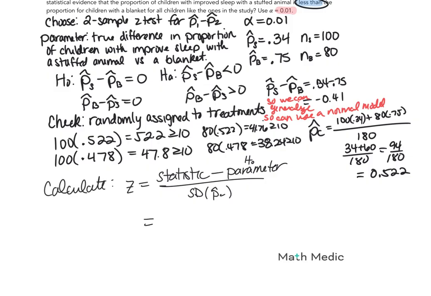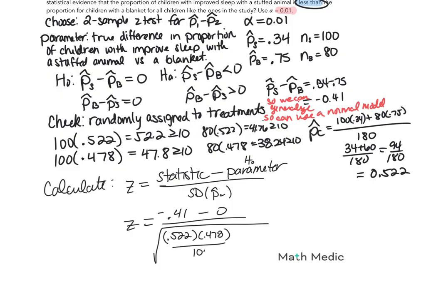And so that is the negative 0.41 minus 0. The hypothesis was that there was no difference, so it's minus 0. And the square root of 0.522 times 0.478 over 100 plus 0.522 times 0.478 over 80.